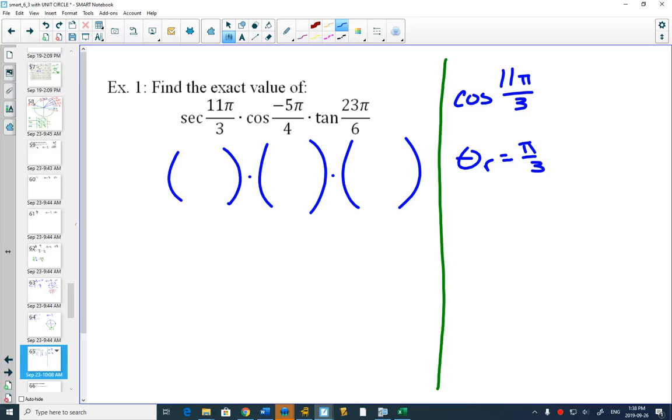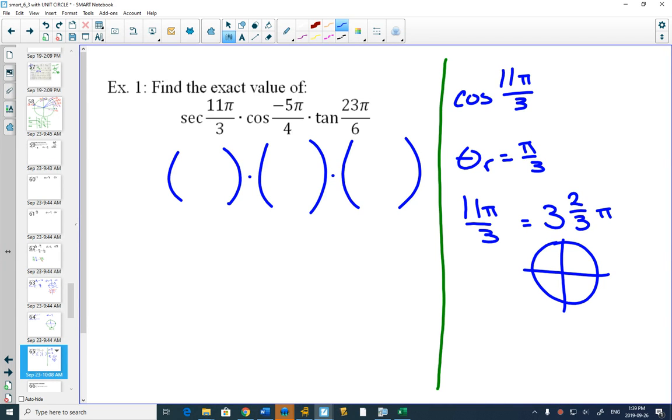Now, 11 pi over 3 is equal to 3 2/3 pi. If you think about your unit circle, 3 pi is going to end on your negative x-axis, right? 1 pi, 2 pi, 3 pi, and then 2/3 is more than half.